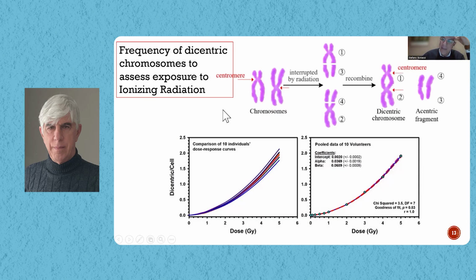The genetic damage due to exposure to ionizing radiation goes through a clastogenic effect, which means that chromosomes are broken by the exposure. They are broken during interphase. So when there is the metaphase and we have chromosomes which are broken, they tend to recombine.